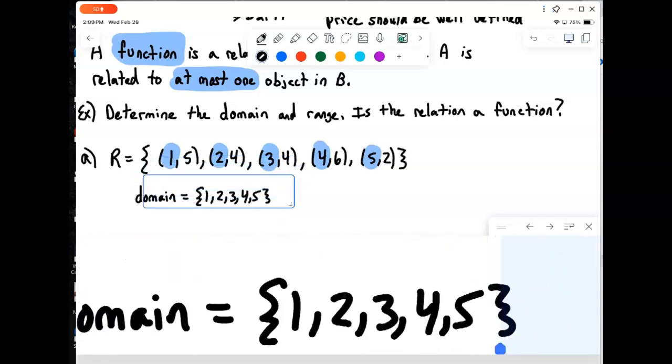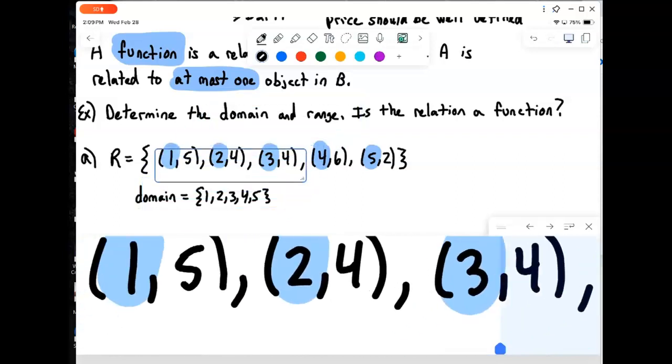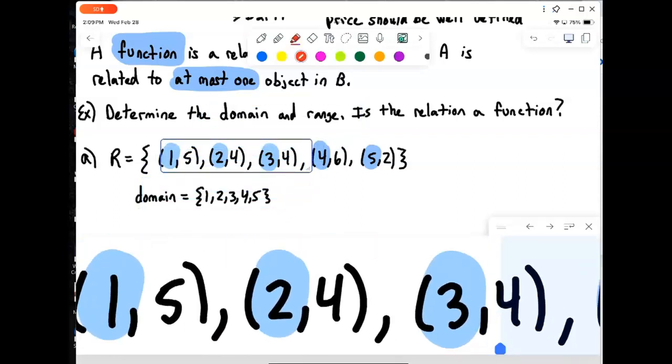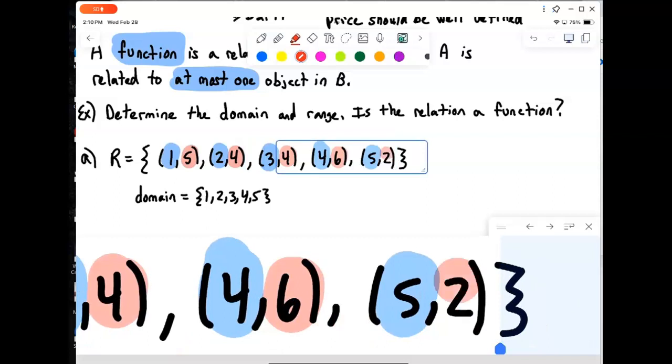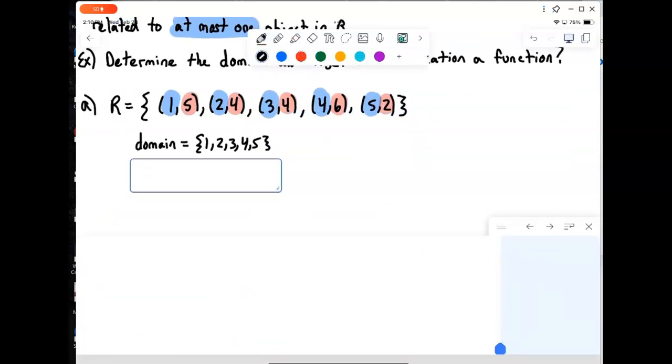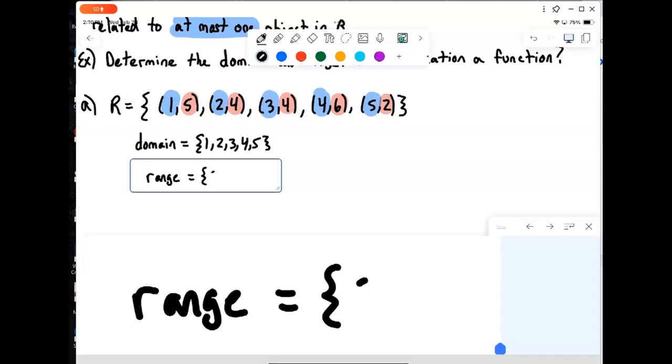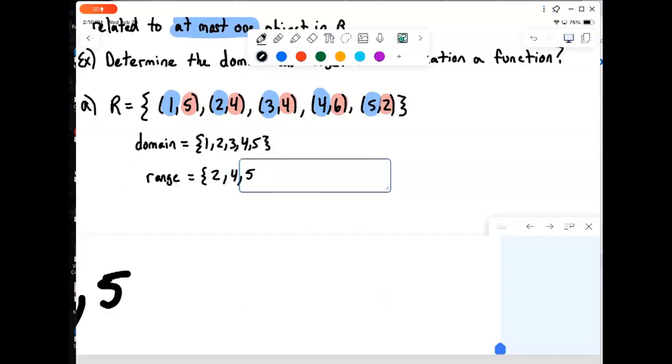And then we turn to the output, which is the range. The output values. We see we have a 5, we have a 4, we have a 4, we have a 6, and we have a 2. So the range here would be, writing them in order, 2, 4, 5, and 6. Okay. 2, 4, 5, and 6.